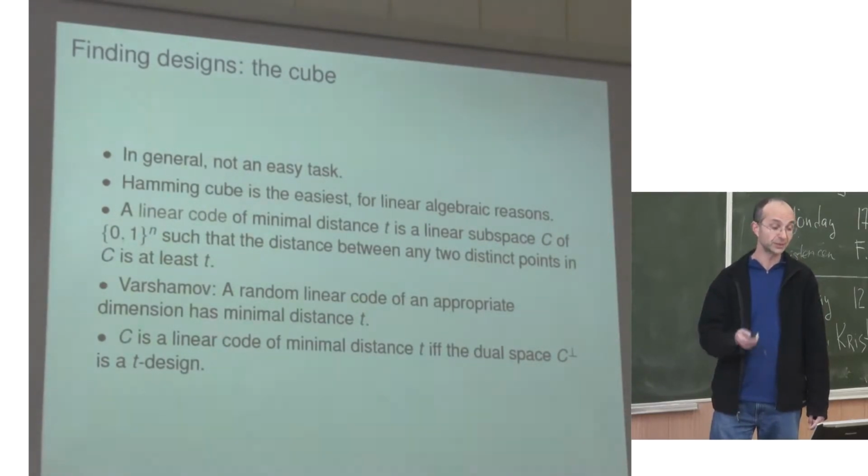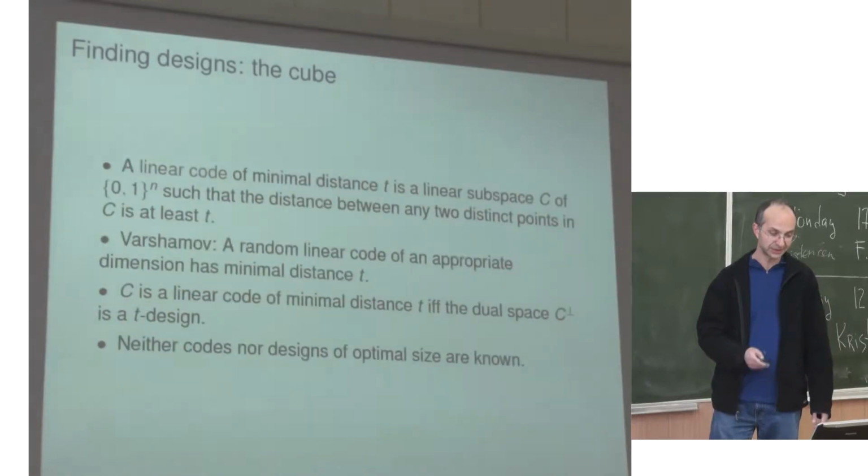This is equivalent, and since we have linear codes of minimal distance T, we have designs of strength T. So we have at least a randomized construction of designs, and for some parameters we can give specific designs. But one should say that usually we have neither optimal codes nor optimal designs.